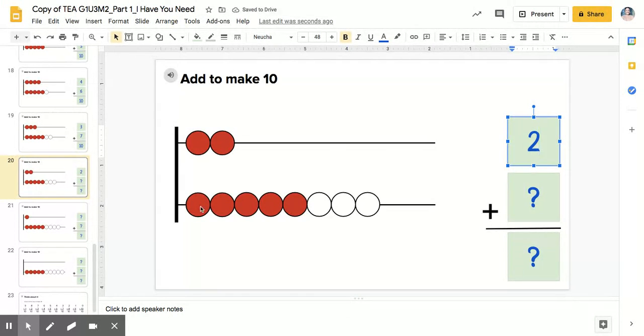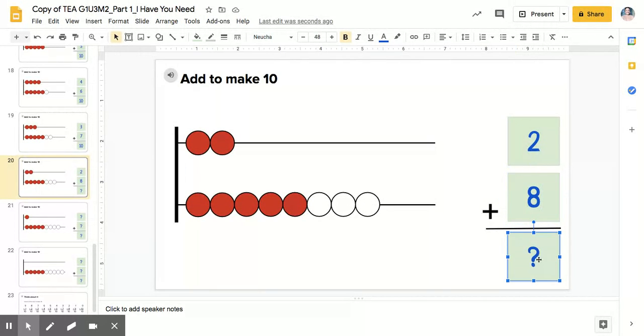Count the bottom. And what does that add together? Count them all. 10. Great job. What's your equation sound like? 2 plus 8 equals 10.